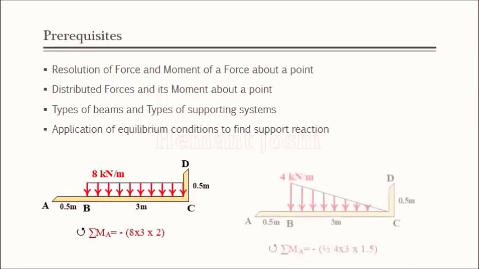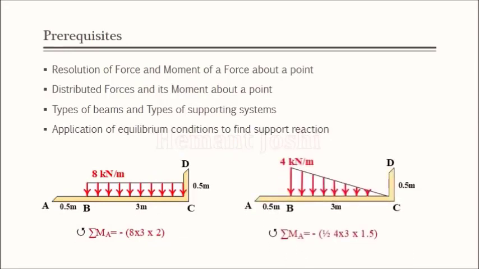Next force is a triangular load, or uniformly varying load, UVL. In case of a UVL, you observe that the shape is triangular, and for a triangle, the centroid acts at 1/3 from the 90-degree angle. So this is our 90-degree angle. From that 90-degree angle, this distance is 1/3. 1/3 of 3 means it is 1 meter.